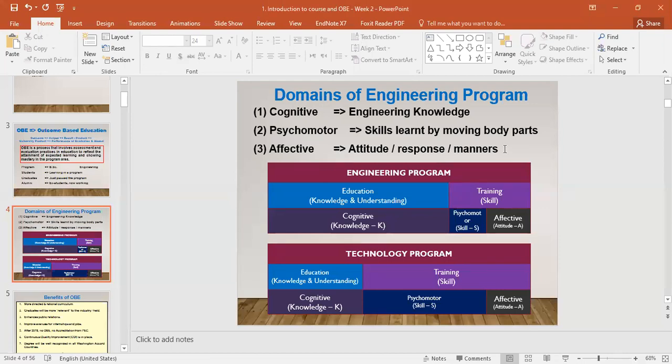This domain tells that when a person is doing some practical work, what is his or her attitude, what is his or her body language towards that task while doing that task.